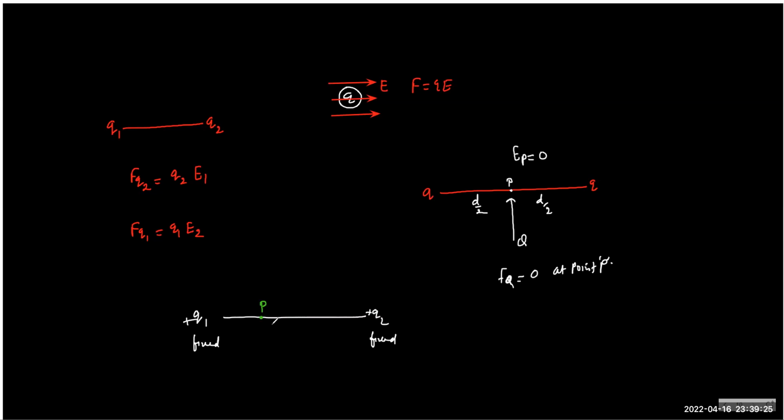We know the answer, which is under root, so the ratio will be proportional to the charge ratio under root. So the whole idea is, at this point the field will be 0.